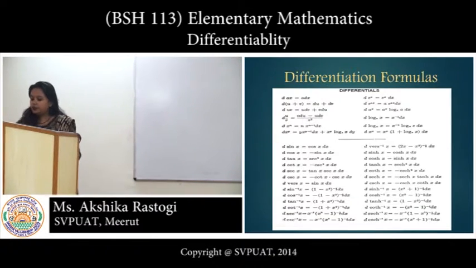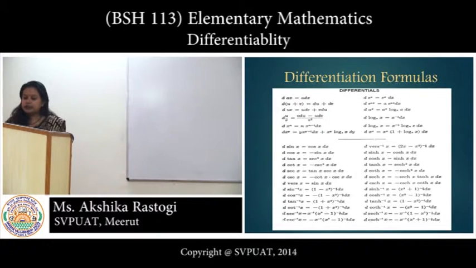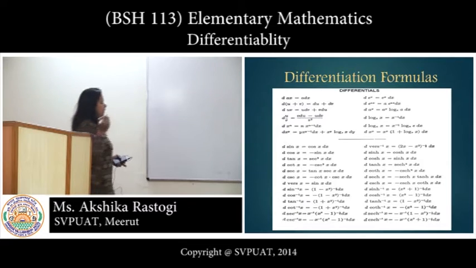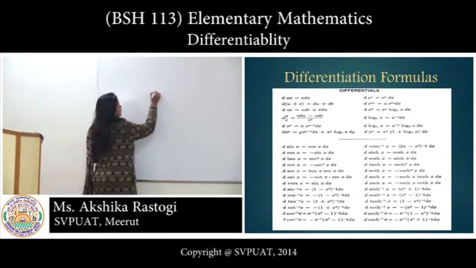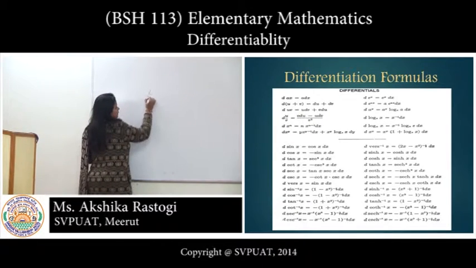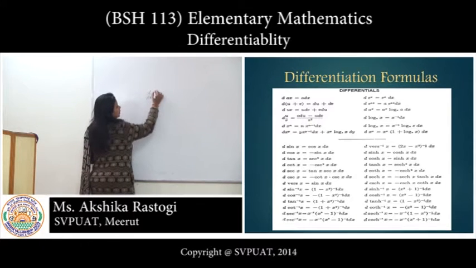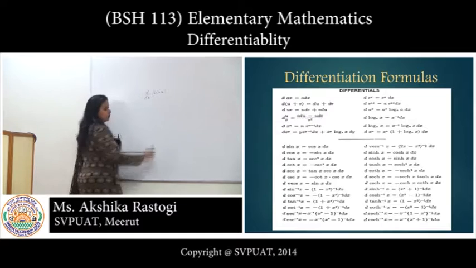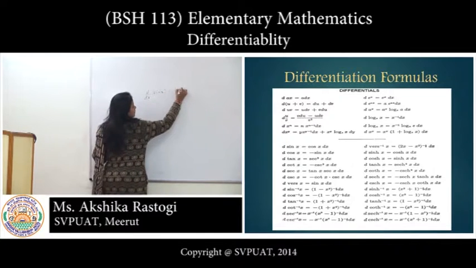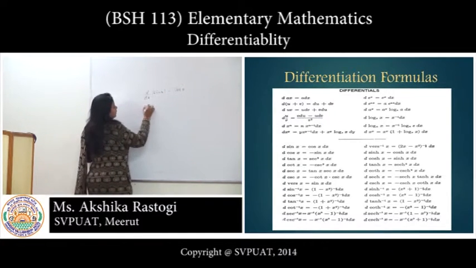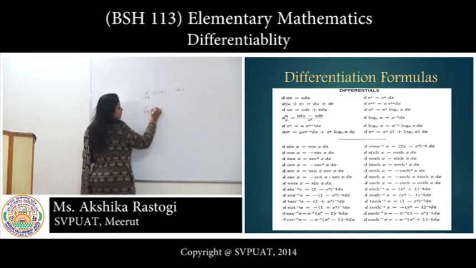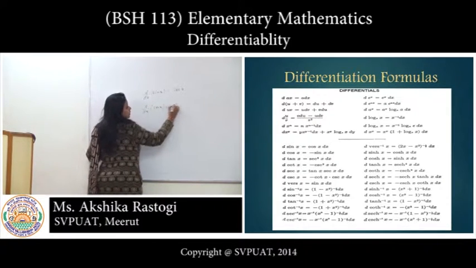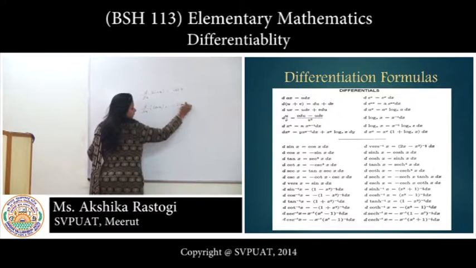Then there are various formulae which you can directly apply for differentiation. For example, this is the symbol for differentiation. If we differentiate sin x, it will be equal to cos x. Then differentiation of cos x equals minus sin x.